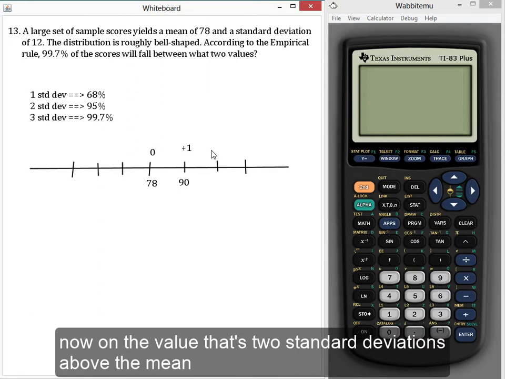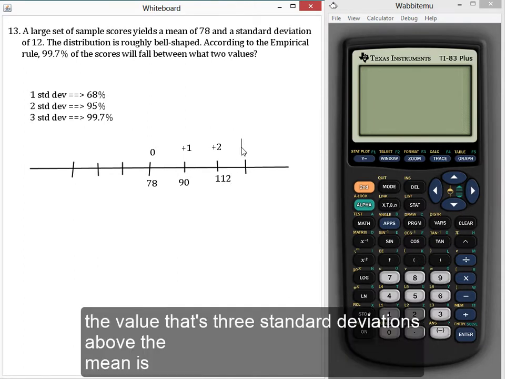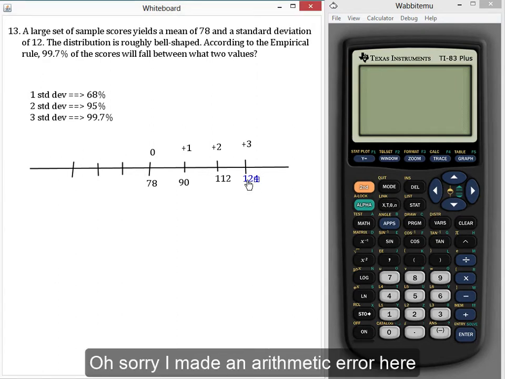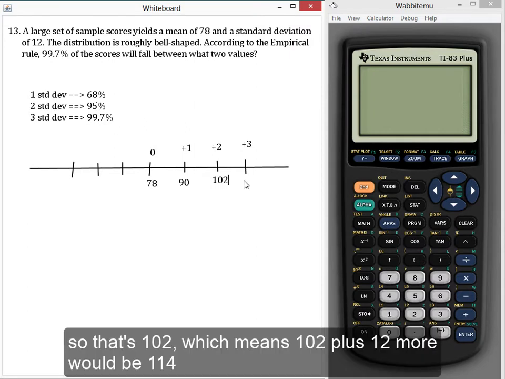Now, the value that's two standard deviations above the mean would be 102. Sorry, I just noticed I made an arithmetic error earlier. It isn't 112, it's 102. So 102 plus 12 more would be 114, which is three standard deviations above the mean.